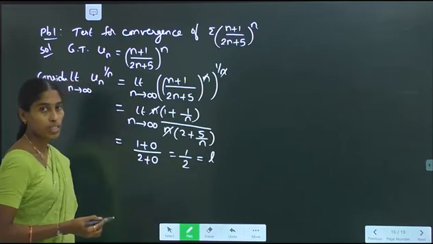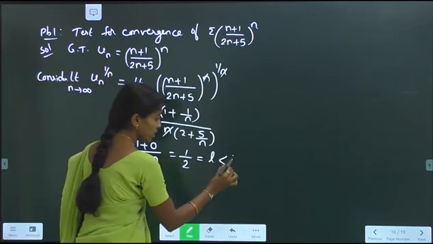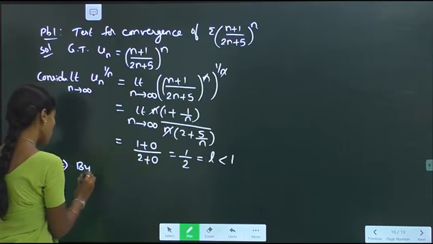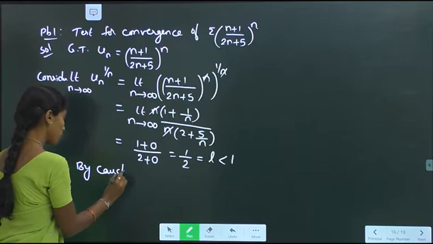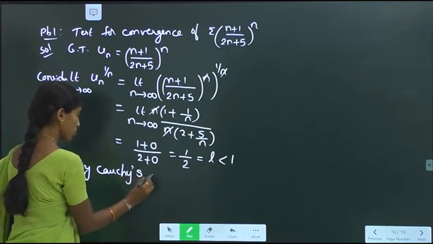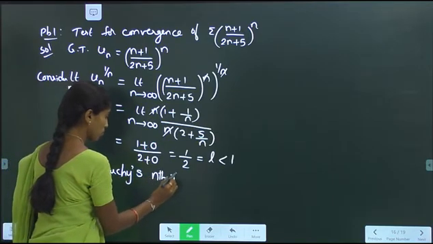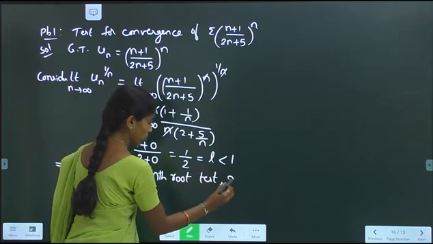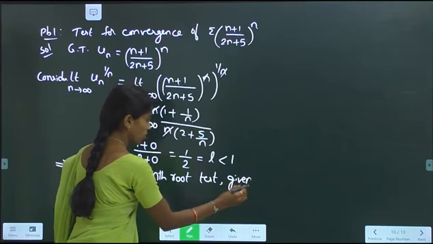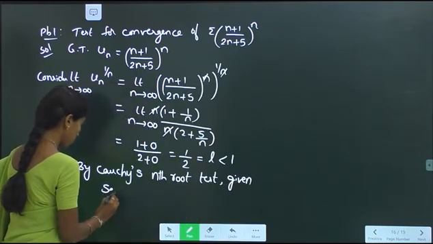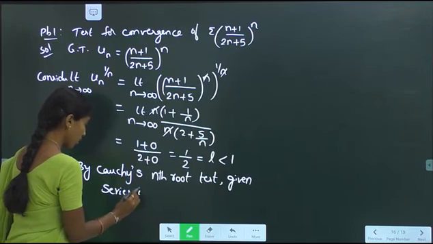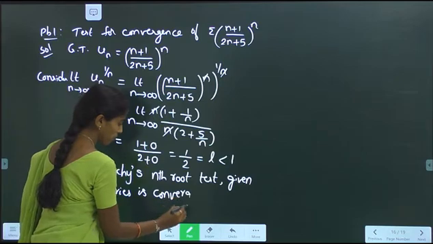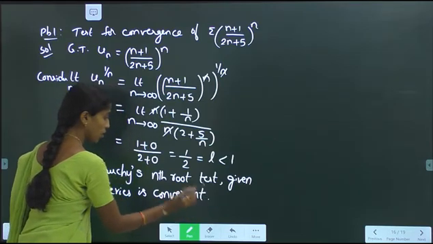Here the limit value is finite value and which is less than 1, implies by Cauchy's nth root test, given series is convergent, right?